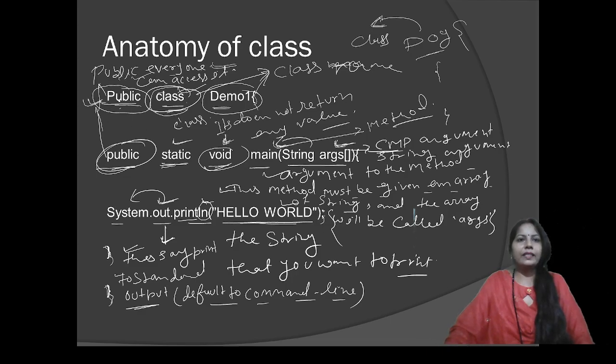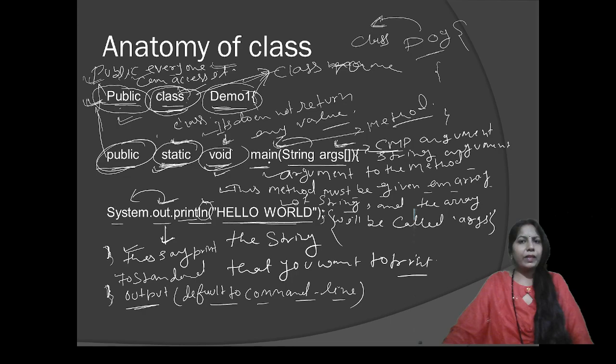Clear? So here I discussed each keyword. Public, used so that everyone can access it easily. Class Demo, that is the class name. Static, we can also say it is a modifier, I will discuss it later. Void means it does not return any value to the operating system.